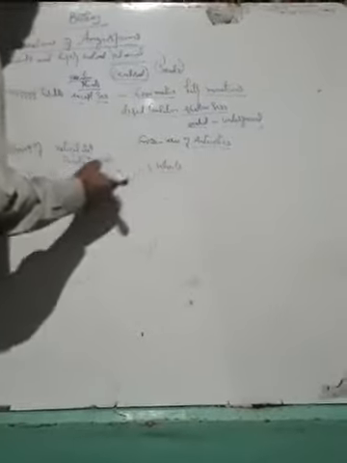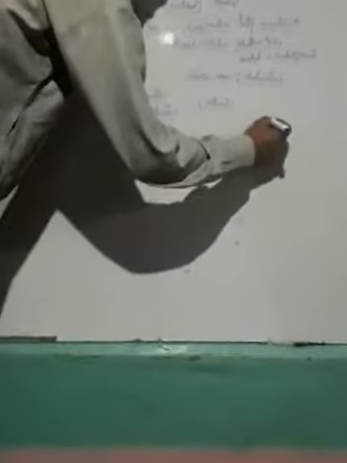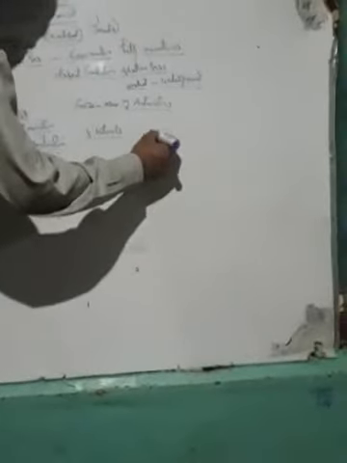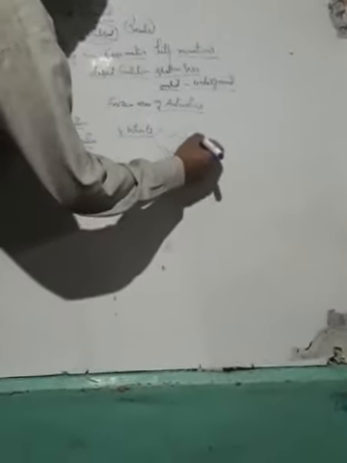The flowers consist mostly of four whorls. So far as their arrangement is concerned, the outermost whorl is known as sepals, and the second whorl is known as petals.